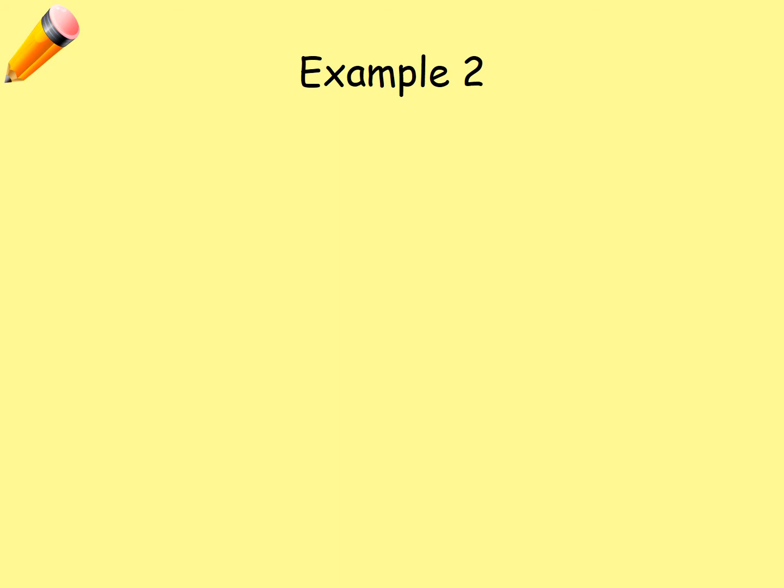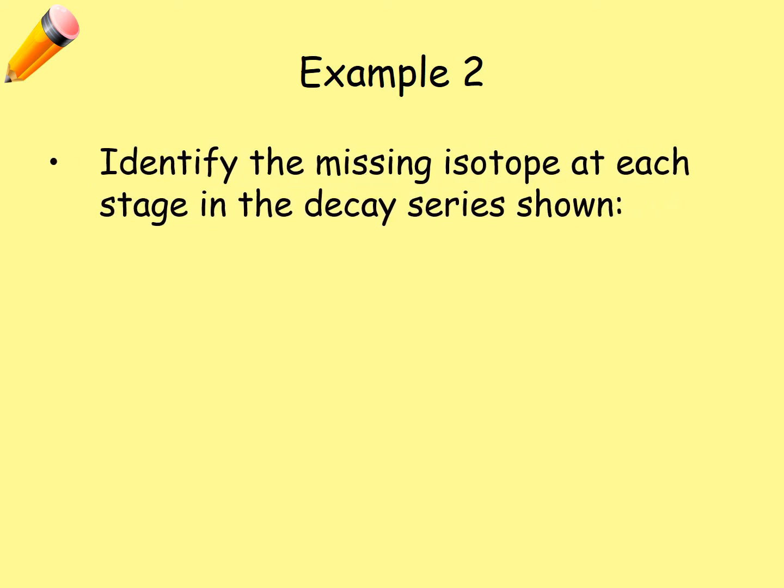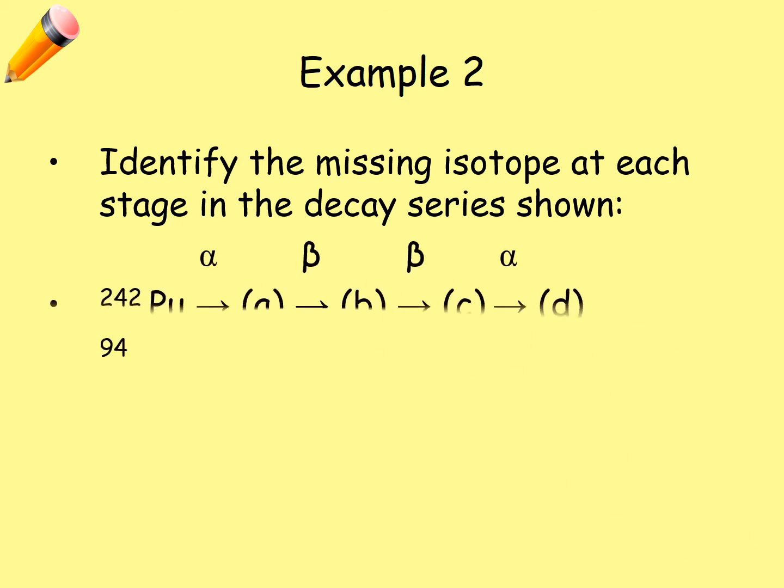In example 2, we want to identify the missing isotope. Remember, an isotope is an atom which has a different number of neutrons. In each stage of the decay series, first of all, we show alpha decay. Remember, alpha decay means we're going to reduce our mass number by 4 and our atomic number by 2.